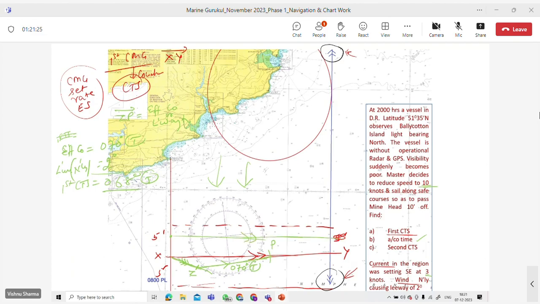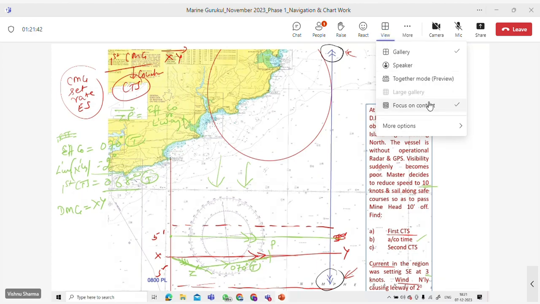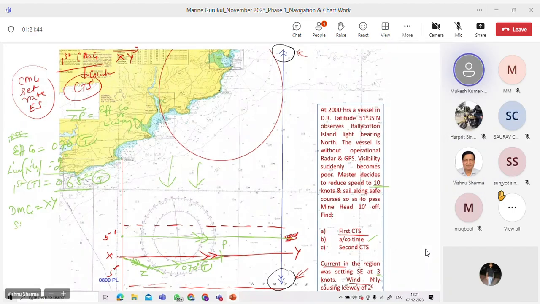Because this line is right. So what is the distance to be made good by the vessel before she alters the course? XY. DMG is XY, yes or no? Yes, sir. And look at the triangle. What represents the speed made good? XP. Okay.